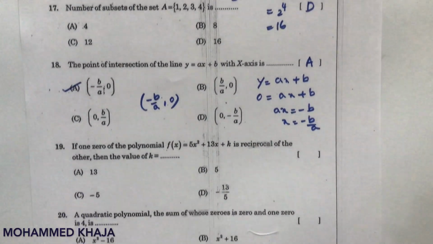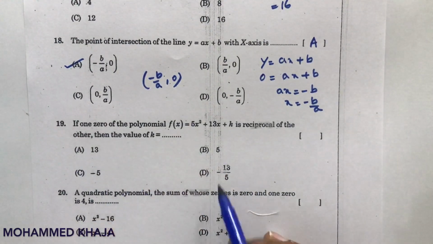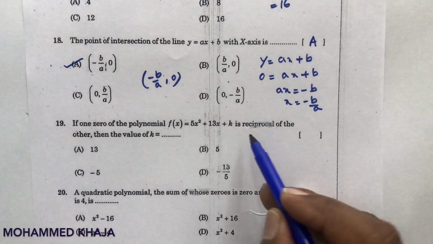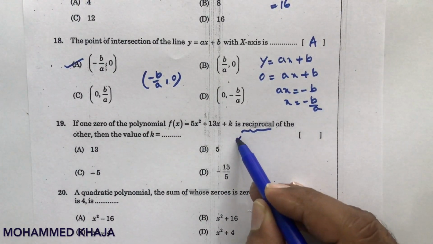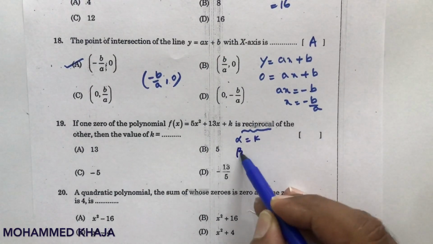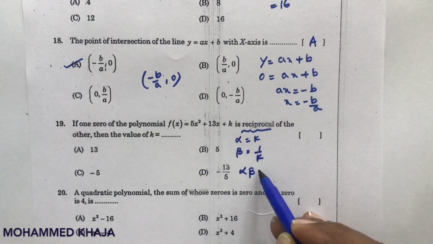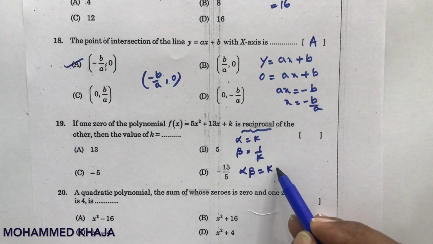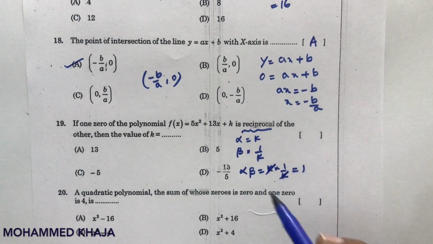Next one. If one zero of the polynomial is reciprocal of the other. See, whenever they ask based on reciprocal, so product of the zeros. Alpha you consider as k, beta will be 1 by k. Then product of the zeros, if they are reciprocal, k into 1 by k, which is nothing but 1, k and k cancel.